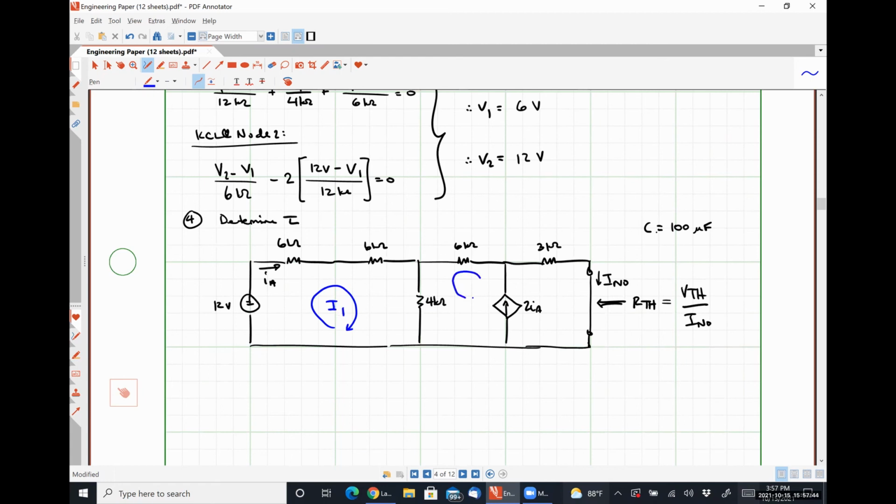So here's current I1, here's I2, here's I3, and let's not forget it this time, I have a dependent source. So how do I express that current IA in terms of my mesh current? Just I1.